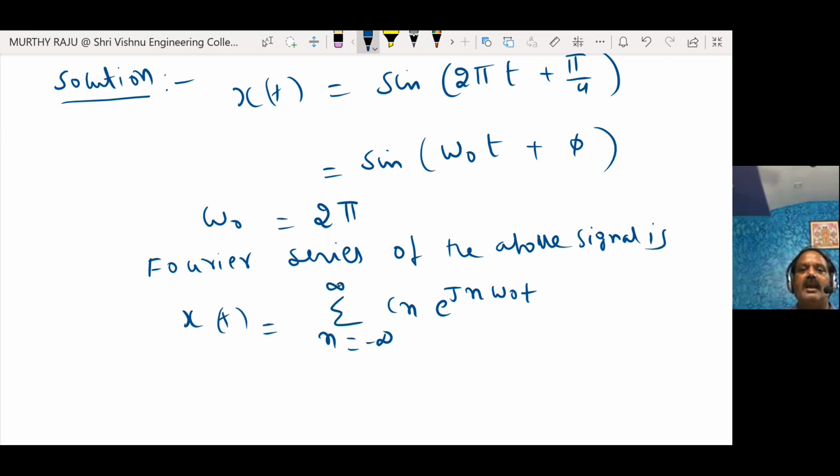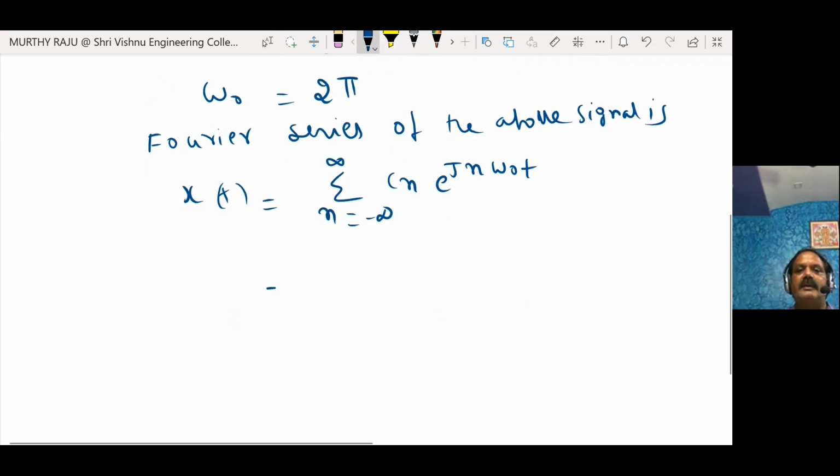For the above signal, omega naught is 2 pi. Therefore, x of t is equal to sigma n is equal to minus infinity to plus infinity C n e power j n 2 pi t.